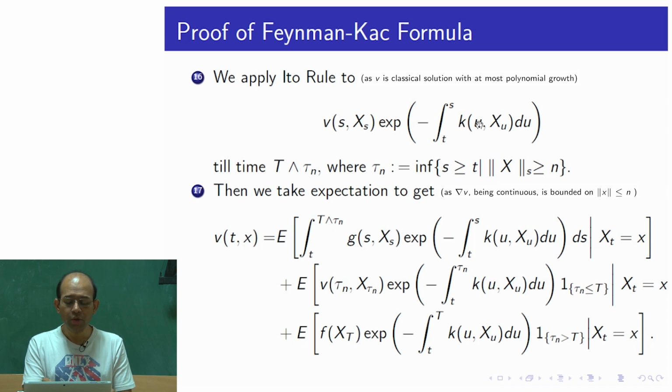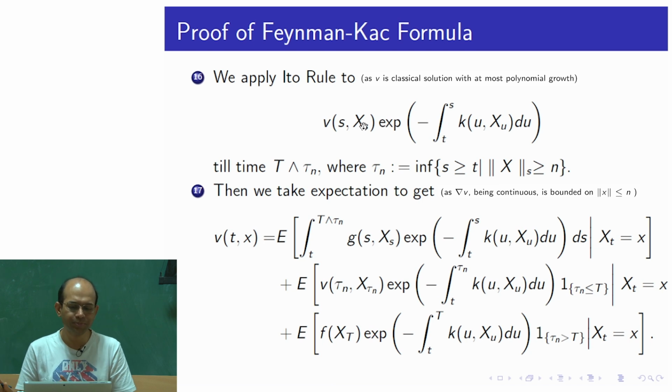This difference is equal to the partial derivative of V with respect to time integrated with respect to time, and then the partial derivative of V with respect to space integrated with respect to the process, and then the quadratic variation and the higher order partial derivatives of V and the quadratic variation of X, everything would appear.